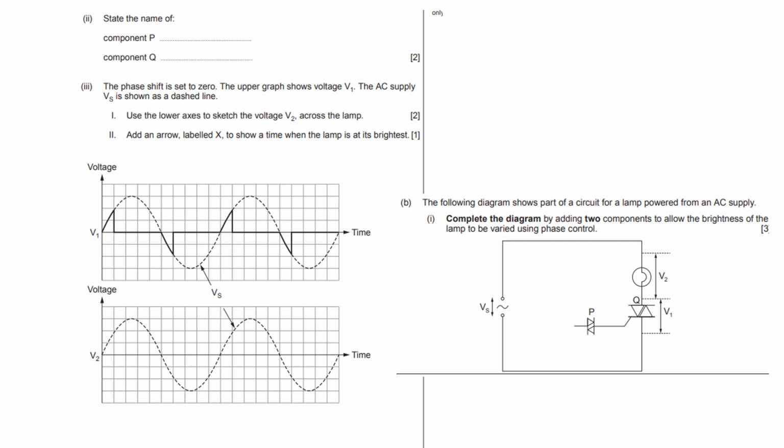Right, okay, we have the classic diac and triac. If you remember that V1 and V2 should add up to the dotted line. So V1 is always the voltage across the triac. V2 will be the other bit, which will add up.